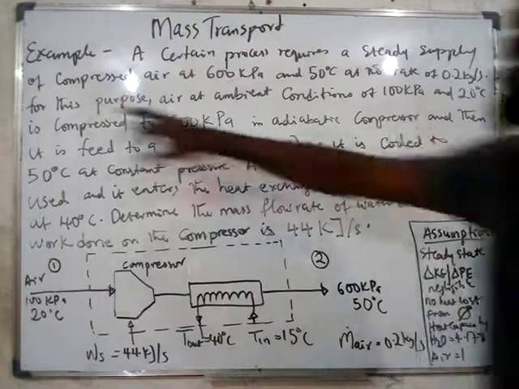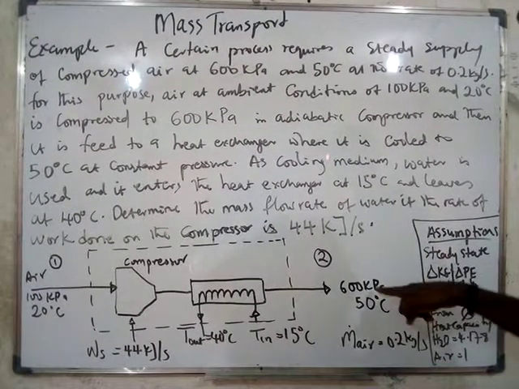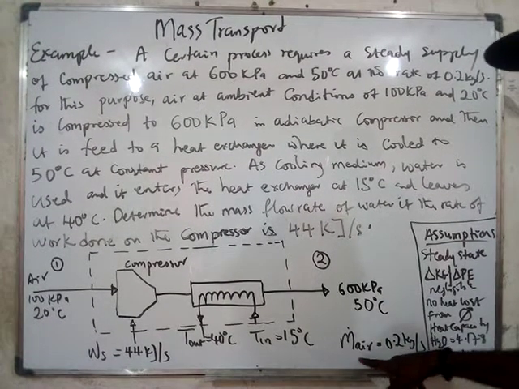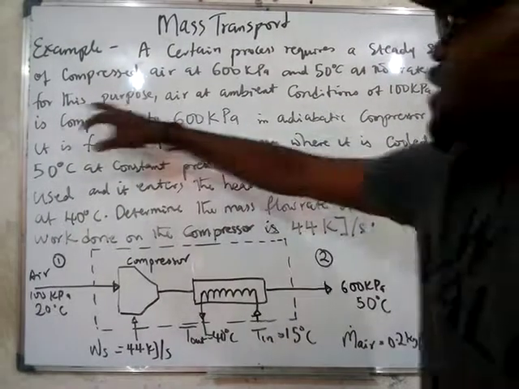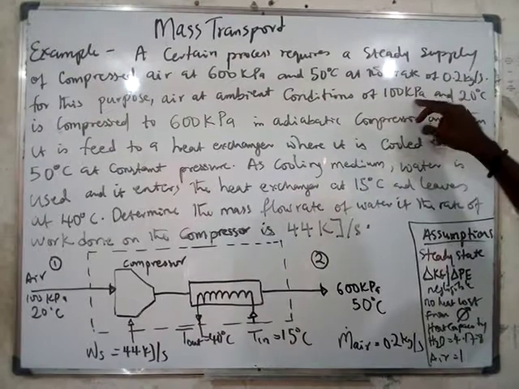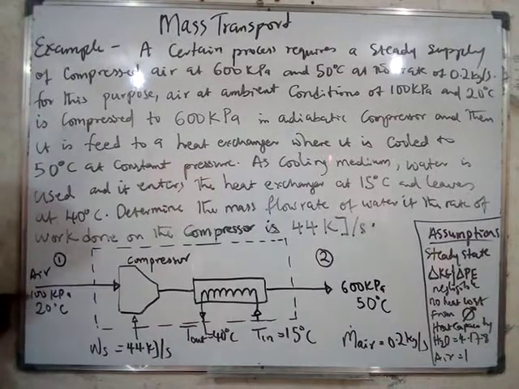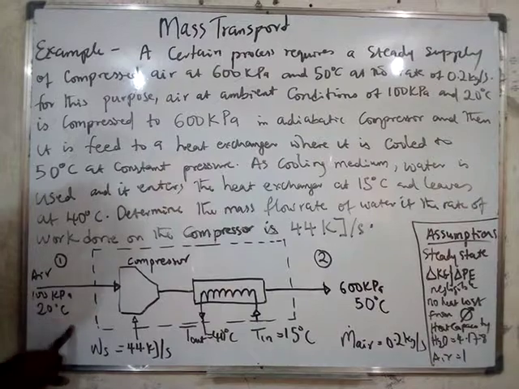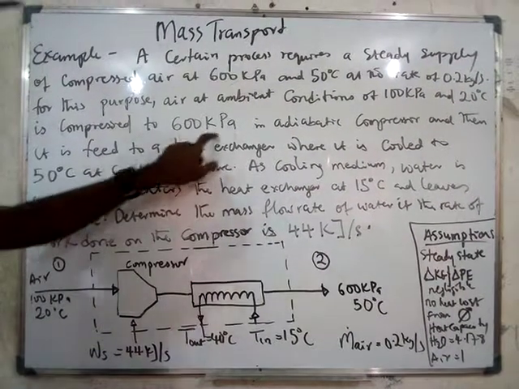Now, in order for you to produce compressed air of 600 kilopascal, 50 degrees Celsius, and mass flow rate of 0.2, what do you do? For this purpose, air at ambient condition of 100 kilopascal, 20 degrees Celsius is compressed to 600 kilopascal.